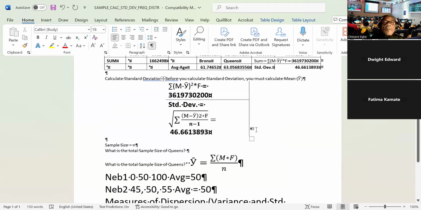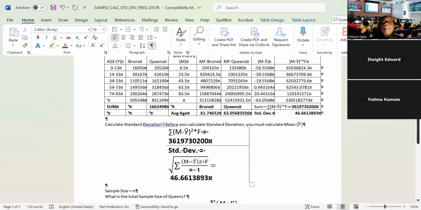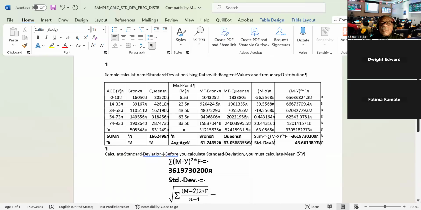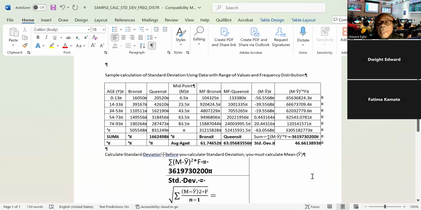That is to say, we take the square root of the sum of the values, each value minus the mean, and we square it, okay? And then we take that sum and divide by n minus 1. There's a PowerPoint slide that will explain all of this to you. If you cannot find it, let me know and I'll repost it, okay?